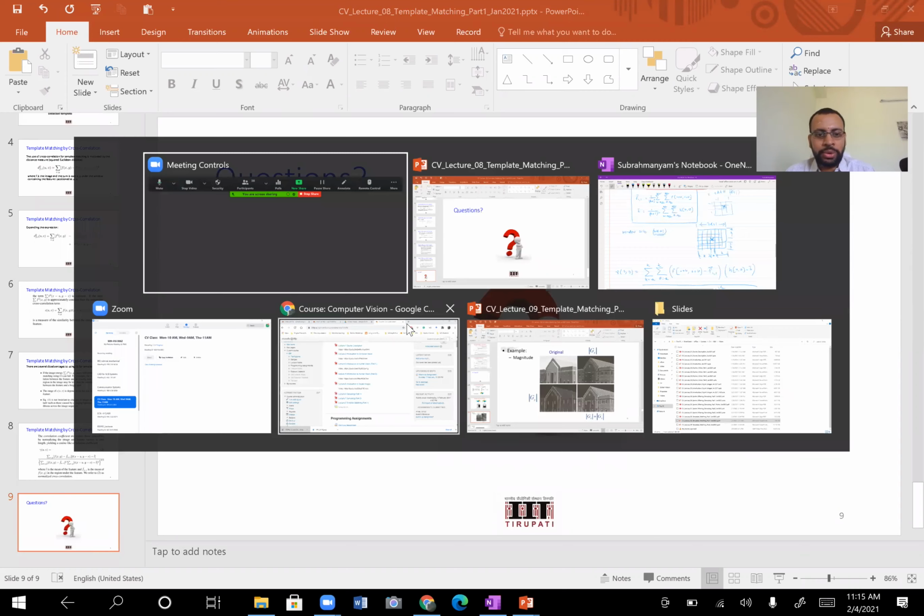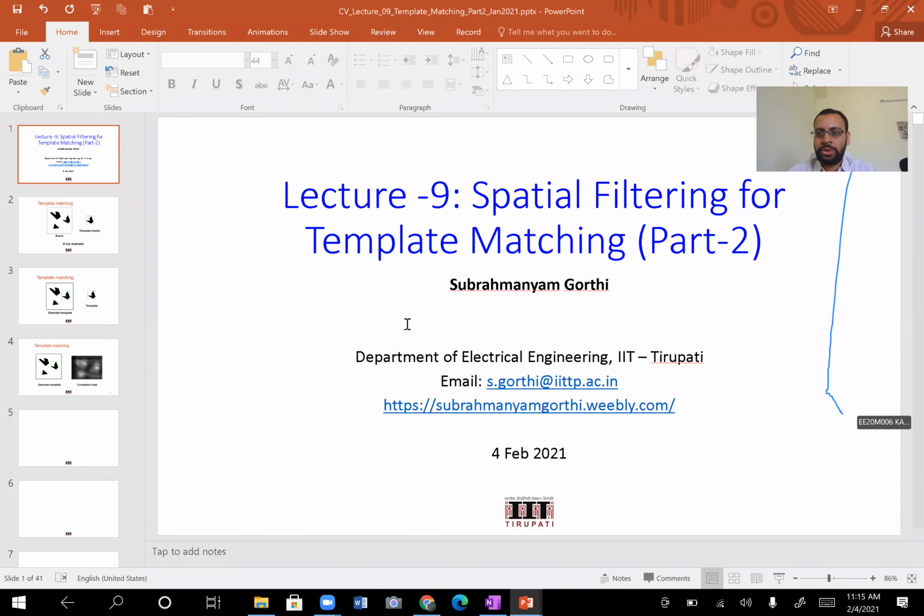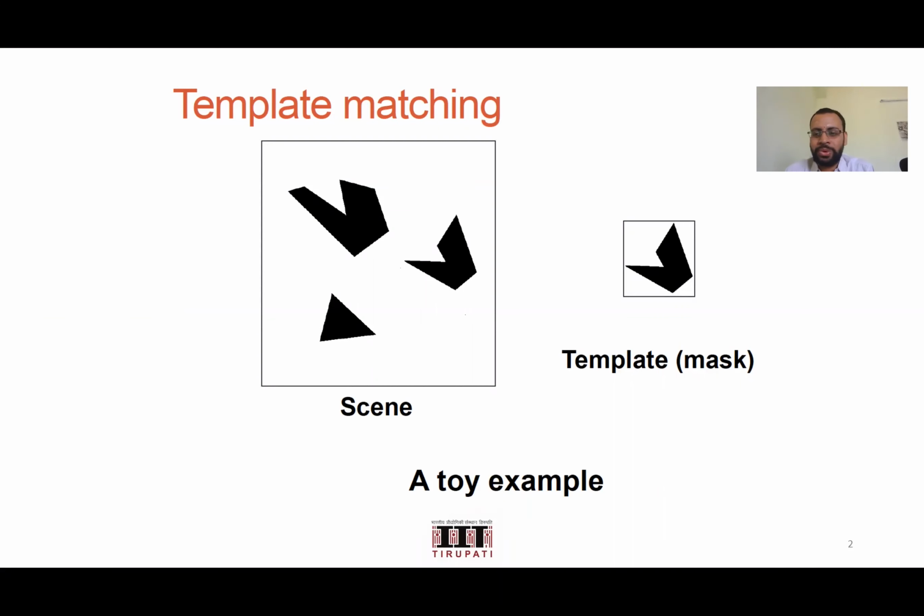I will continue with a few more points for template matching. This is where we started: you wanted to figure out where a particular object is. We started with mean square difference, the sum of squares of intensity differences. For each pixel, you keep the center at some pixel where you want to find the match, subtract the corresponding pixels between these two windows, square them and sum them, and look at where it is minimum.